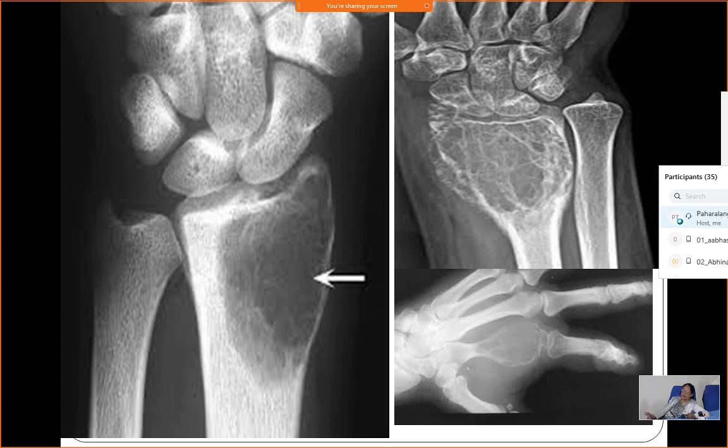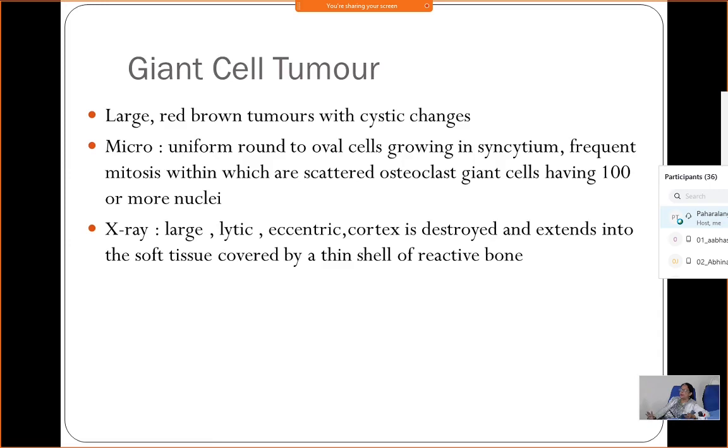For example, in this tumor on the right side, in the metaphalanx, you can see the tumor is expanded so much that the cortex has become so thinned out, eggshell-like, and then again expands into the soft tissue. So in such a tumor, you cannot actually save the bone. You may have to excise that bone completely, because it is eccentric and it can cause complete destruction of the cortex, extending into the soft tissue.